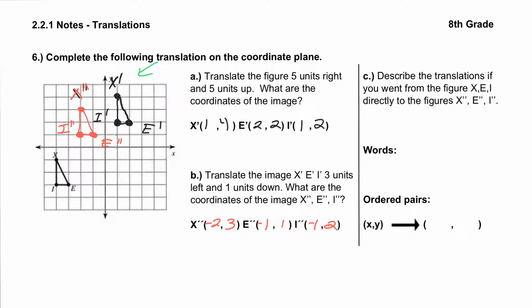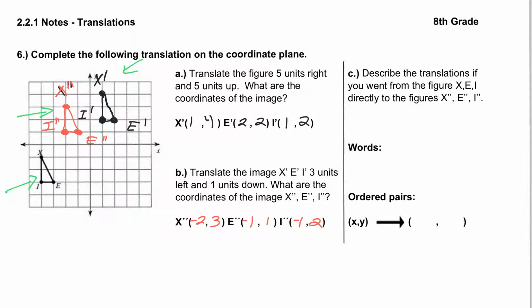Part C wants us to describe the translation if we went straight from XEI, so straight from this original figure to our X double prime, E double prime, I double prime. If we look at it on the coordinate plane, it should be fairly simple to figure out. Let's say we count from E to E double prime. We're going right 1, 2, and up 1, 2, 3, 4.